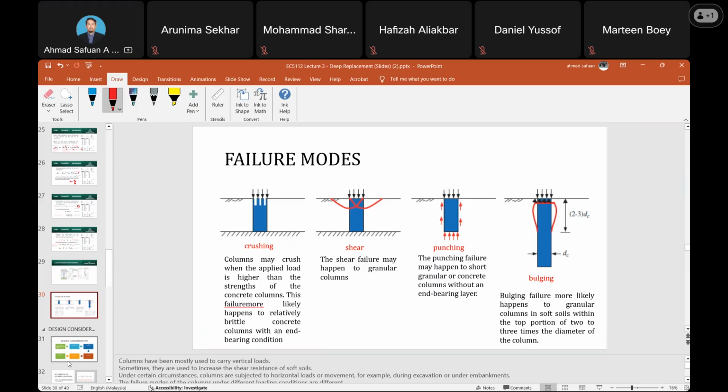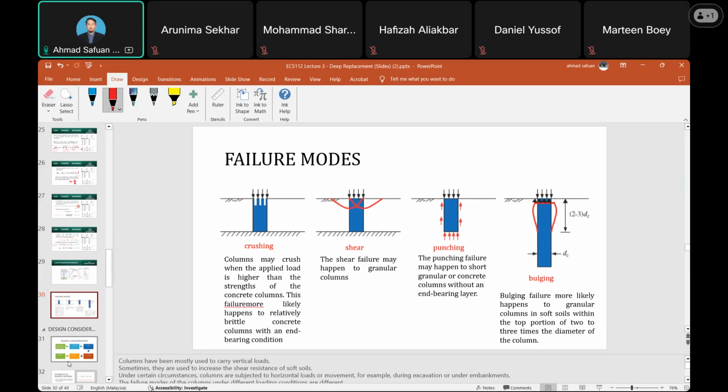Shear is very common. Shear failure may happen to a granular column. This is the common type of general shear failure. Then we have punching.